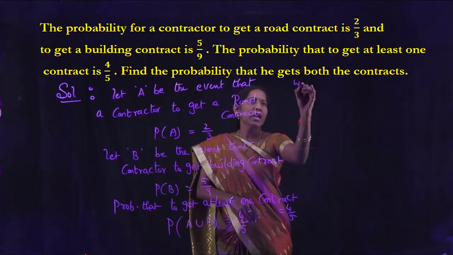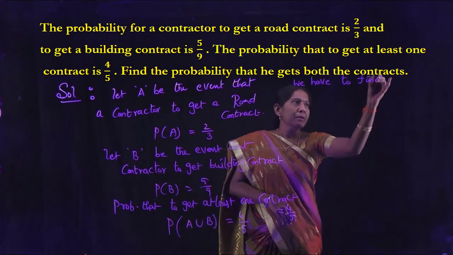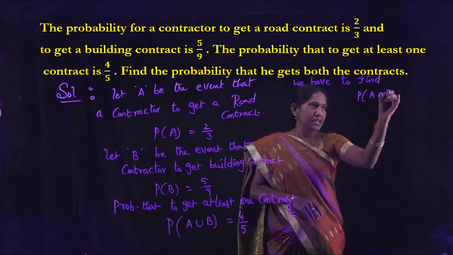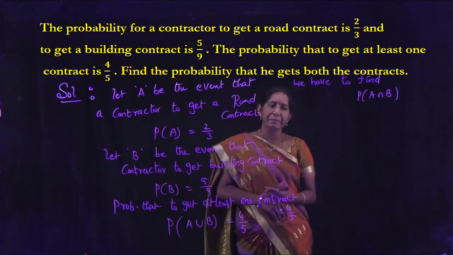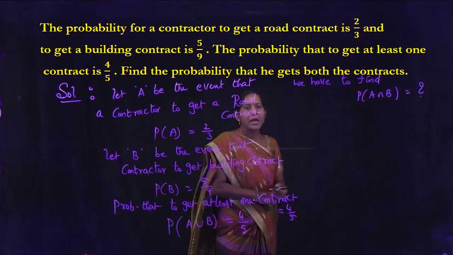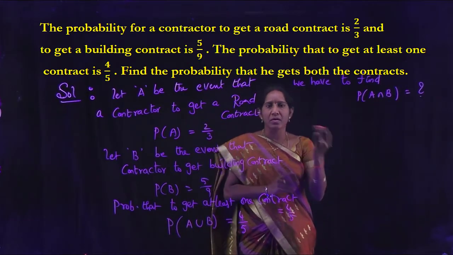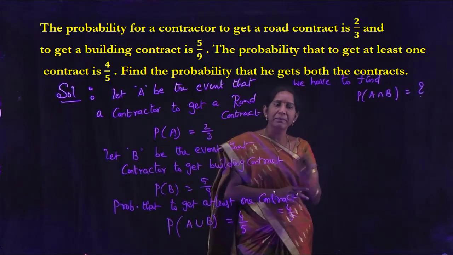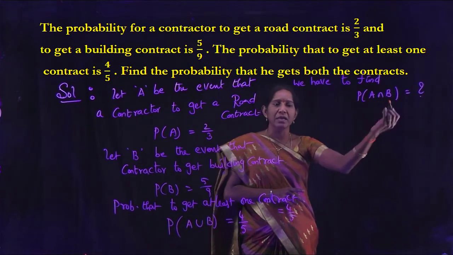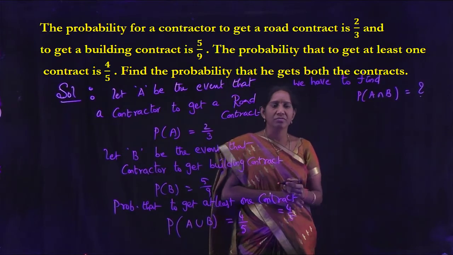That means we have to find both the contracts denoted by A intersection B, both A and B denoted by P of A intersection B. This one we have to find. Find probability that a contractor gets both the contracts, road contract and building contract. So, both A and B denoted by P of A intersection B. So, this one we have to find.